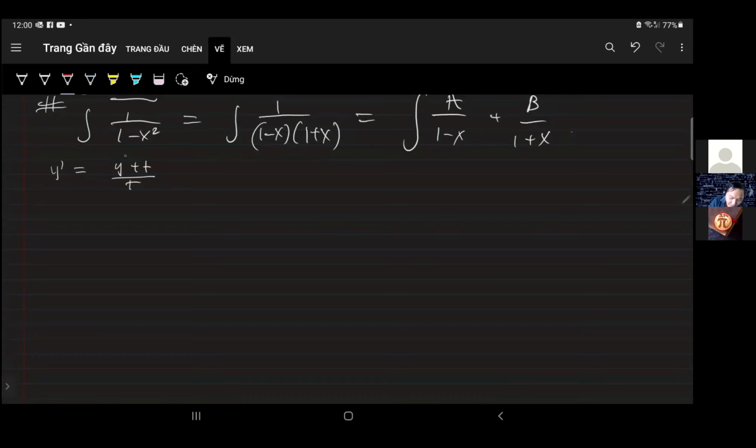You can see that this is a fraction and the numerator has first order, and the denominator has first order, negative one order, so it's going to be 0 order, right?